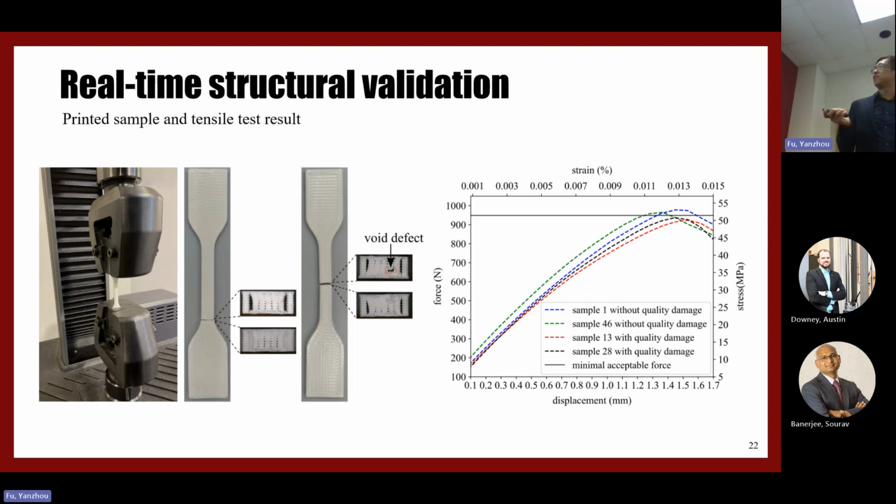Here we choose the minimum acceptable force, like a 3% reduction from the good quality. That means if a sample is damaged by an impactful defect, then the tensile test result will be lower than the threshold. And if it's above, then we regard this sample as still good.